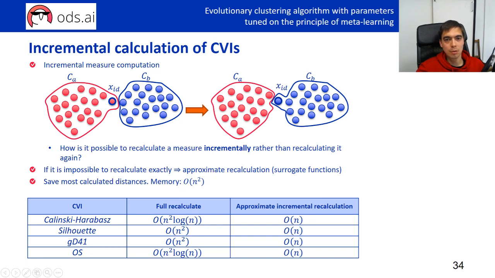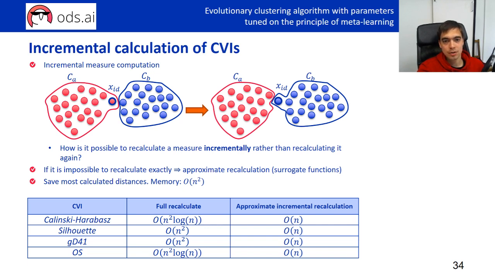Okay, so an important component of every evolutionary algorithm is the calculation of the fitness function. That is the quality measure, which is computationally quite expensive due to the nature of these functions. So let's consider that as a result of an iteration, an object of the dataset has moved from one cluster to another. How can the measure of quality be calculated faster than recalculating it again from scratch?